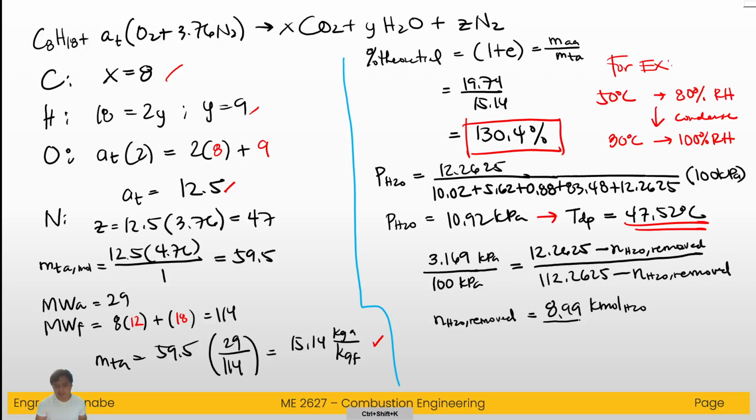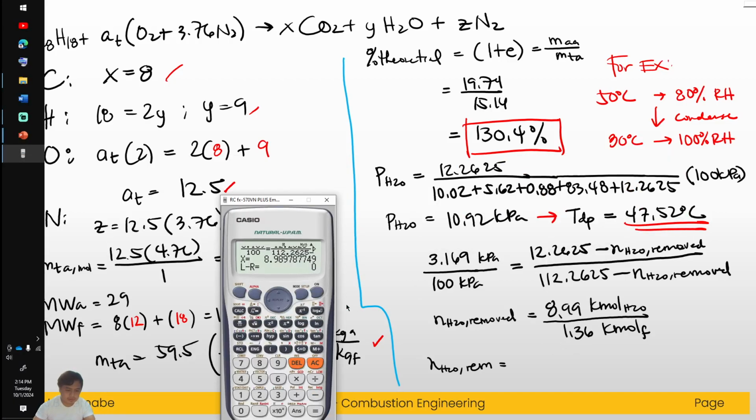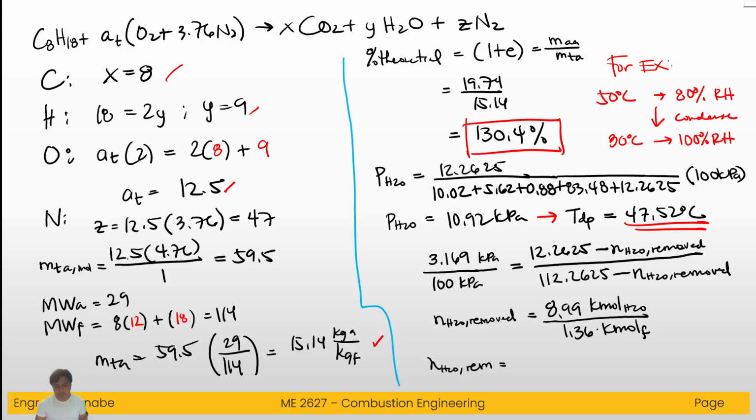So we have to divide this by 1.36 kilomole of fuel, no? So the number of H2O removed is equal to the answer divided by 1.3625, no? So 6.60 kilomole of H2O per kilomole of fuel, no?